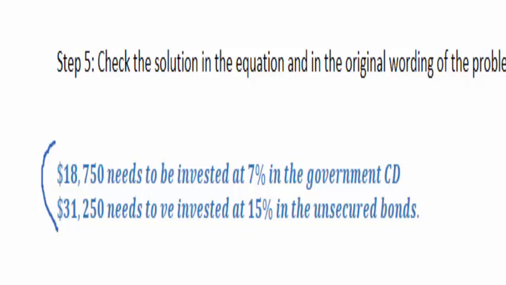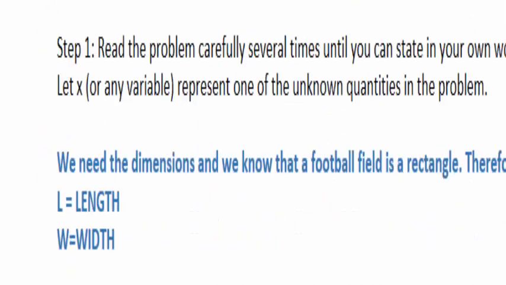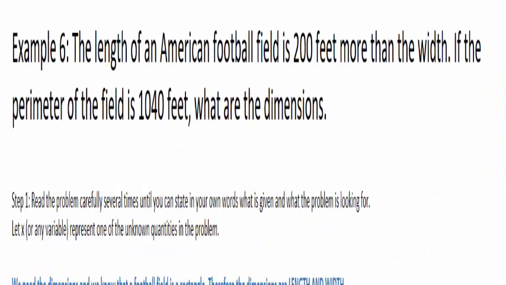Okay, we're going to look at another one. I think this is our last one, example 6. The length of a football field is 200 feet more than the width.